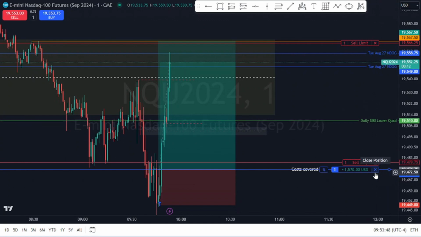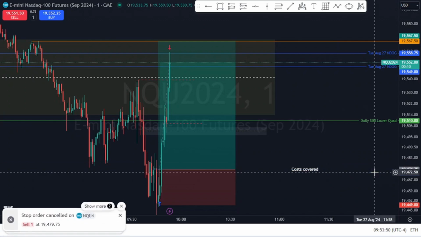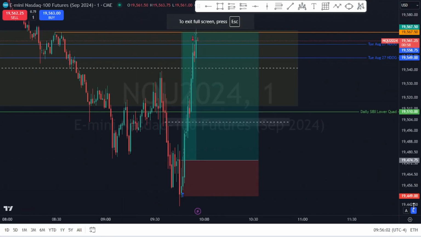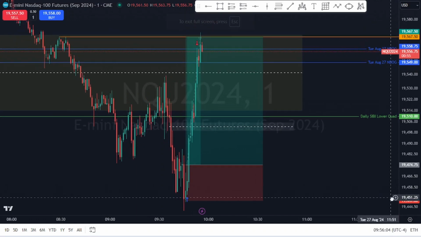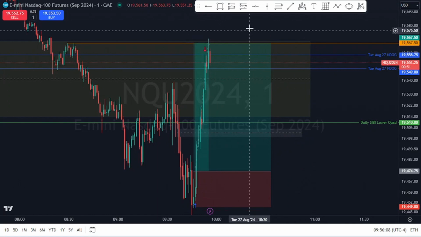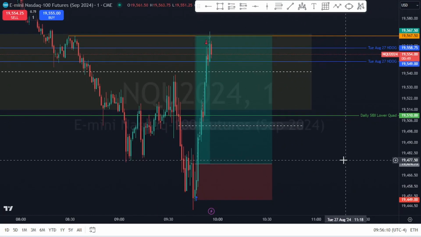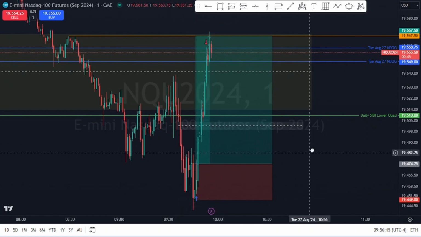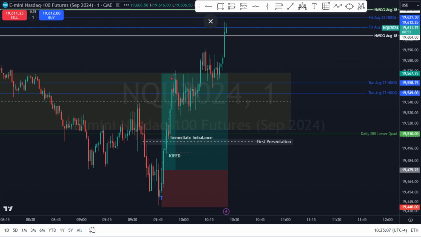But I was doing something in the background and I did not want to get distracted. I could have moved my stop up. However, you're going to see here that it eventually hit the take profit, but because I was preoccupied, I didn't actually move the stop up. But it was a pretty decent trade, and I'm happy with the results, basically.